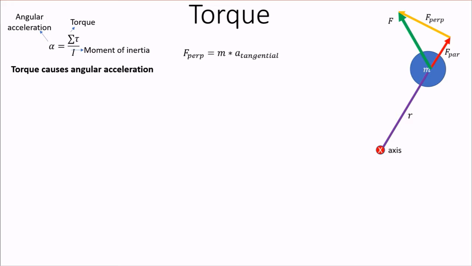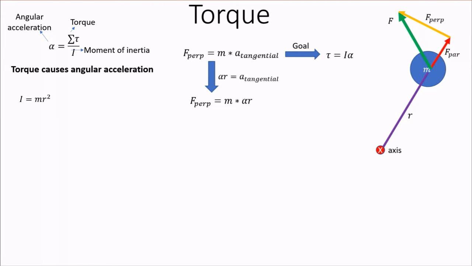Now we are going to try to turn this equation here into this equation here. In so doing, we will find out what torque actually is, since if we can get one side of our equation to equal I times alpha, then the other side equals the torque. The first step is to remember that the angular acceleration times the r equals the tangential acceleration. So let's sub that in. Next, let's recall that I equals the mass times r squared.